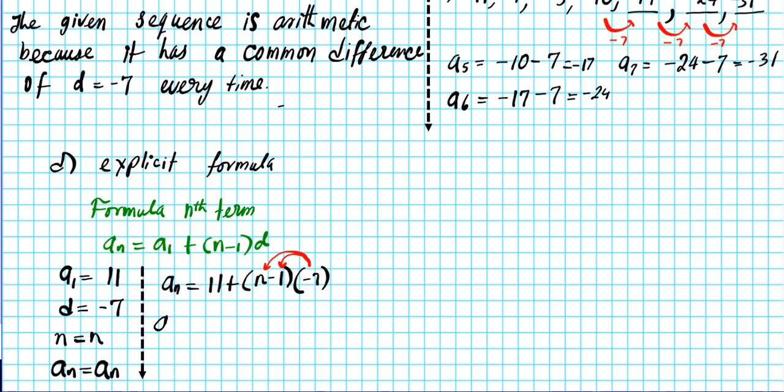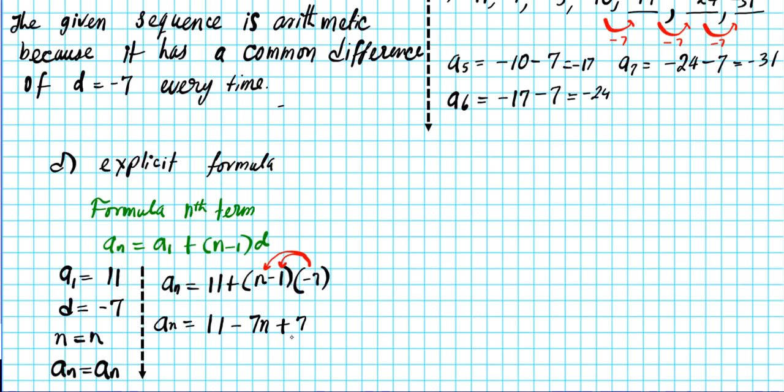So that gives us an equals 11. Negative 7 times positive n is minus 7n. And then negative 1 times negative 7 is positive 7. Remember, negative times negative is positive.